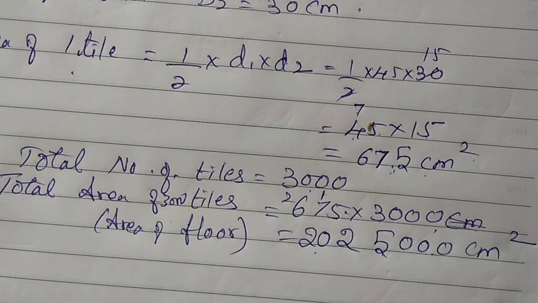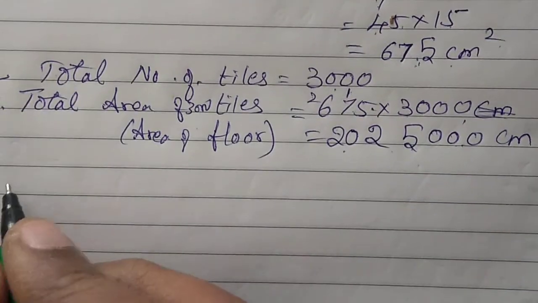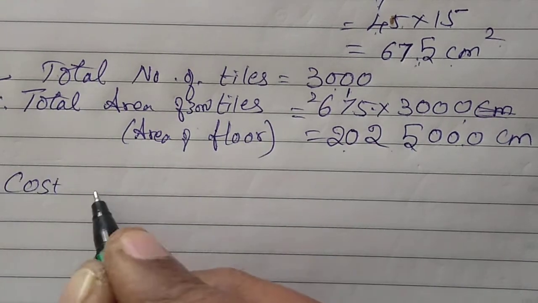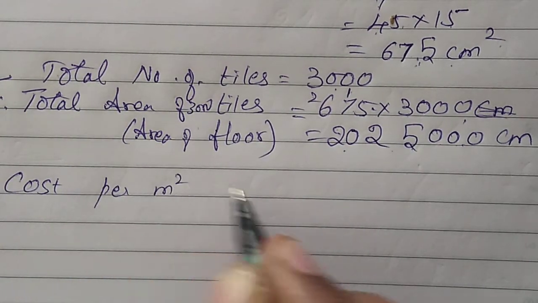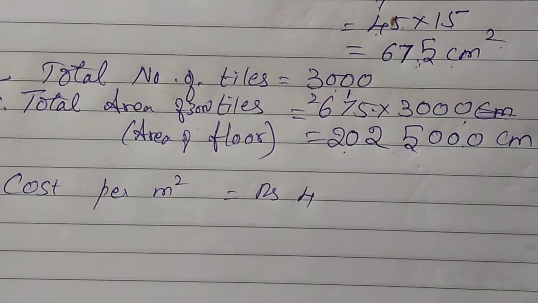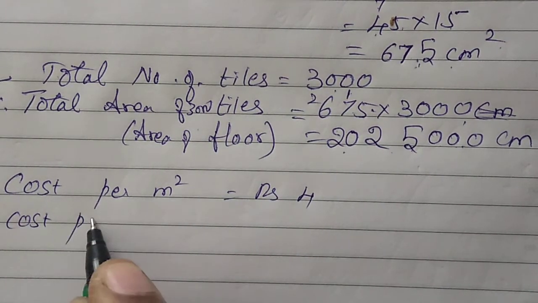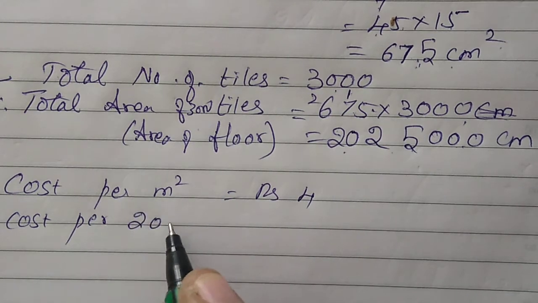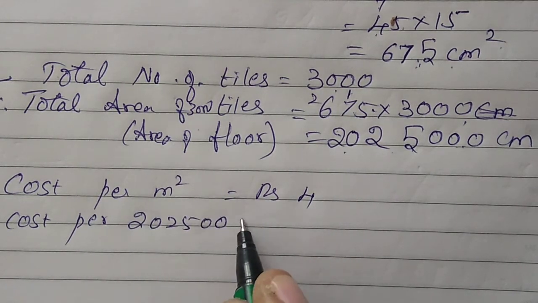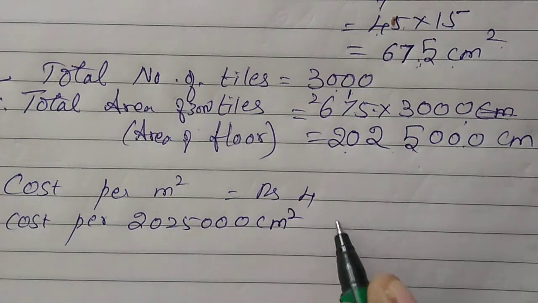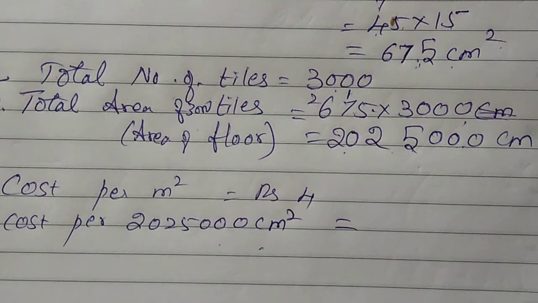Now what is given? Cost per meter squared is rupees 4. Therefore, now what we have to find? The area is 2025000 centimeter squared. So first we convert the centimeter squared into meter squared. So we know 1 meter is 100 centimeter.